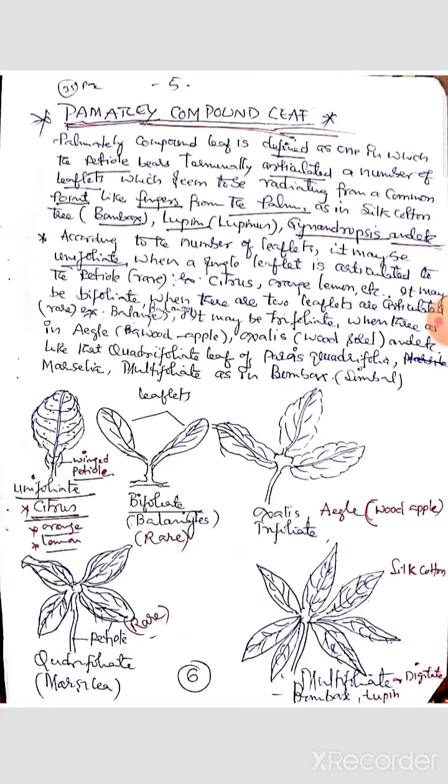Like that, quadrifoliate leaf of Paris quadrifolia, you can see the four leaflets; also in Marsilea, a pteridophyte. And multifoliate is in Bombax, the silk cotton tree, where the multifoliate leaflets are borne.